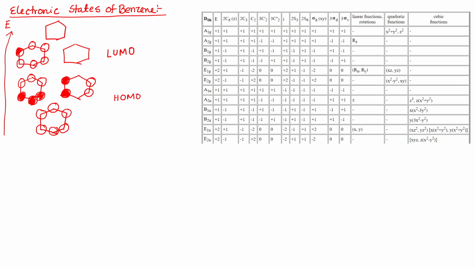So this is negative, this is negative, then positive, positive, then negative. So that is one possibility. This is negative.